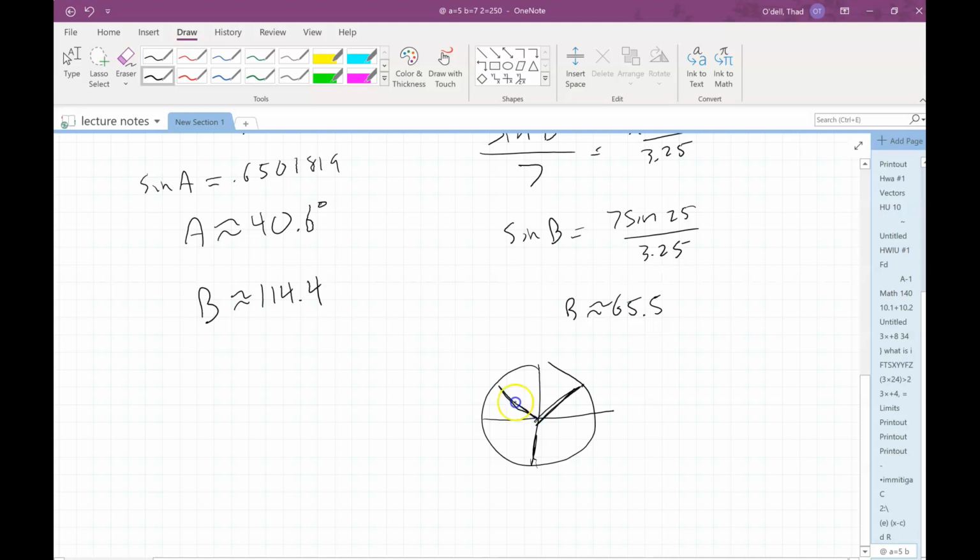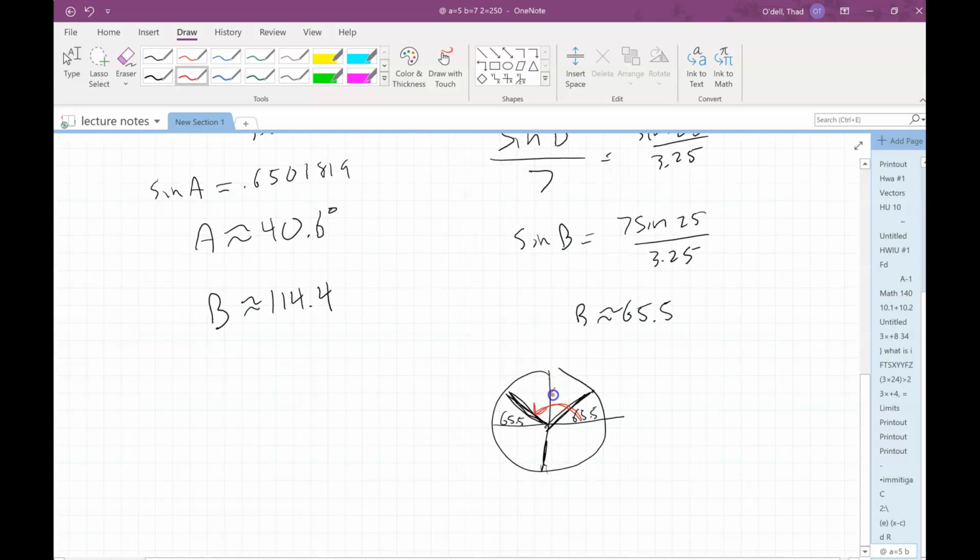Notice that if this is 65.5, because of the reference angle, then this angle right here would be 114.4. So it's the other angle that goes with this one, because arc sine only gives us one answer. It doesn't give us all the possible answers. In this case, we wanted that one instead of that one.